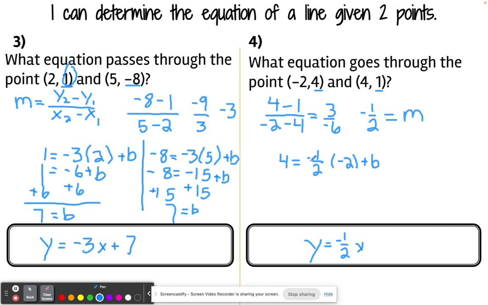Negative times negative is positive, and half of 2 is 1, plus b will equal 4. When I subtract 1 from both sides, you will see that my b is 3. And it is a positive 3. So down here I can do plus 3.